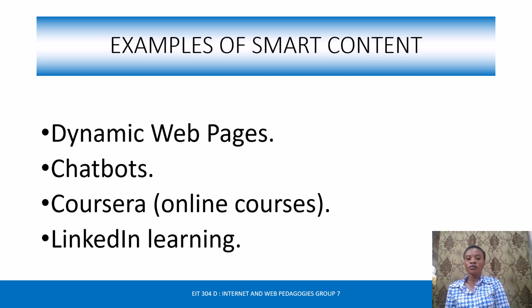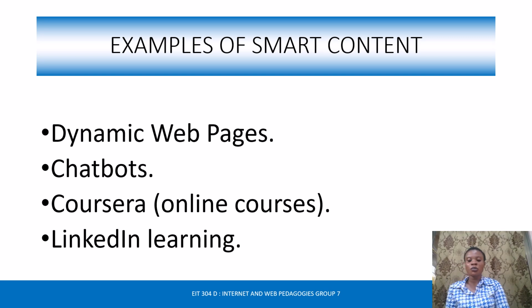So we have dynamic web pages. Dynamic web pages are interactive web pages that are often used for news sites or blogs. And with this, new content is added frequently. And then we move on to chat box.